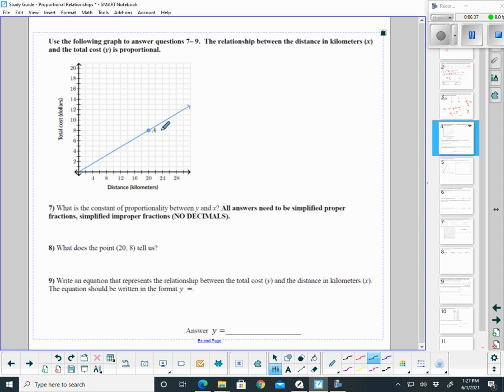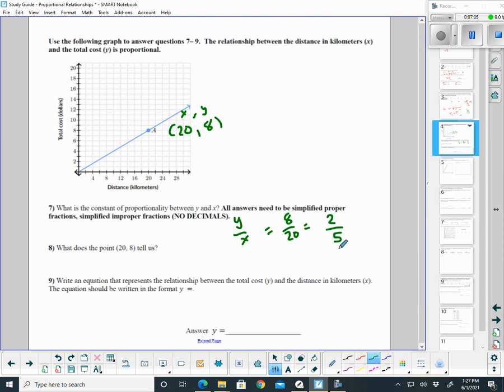All right, well, this right here is the point 20 comma 8. 20 is my x-coordinate, 8 is my y-coordinate, right? So to get your constant of proportionality, you do y over x, which is 8 over 20, which can be simplified. 4 goes into 8 2 times, 4 goes into 20 5 times, so the constant of proportionality is 2/5.